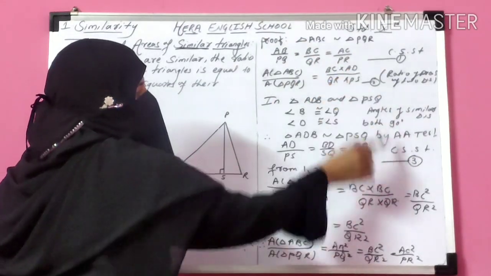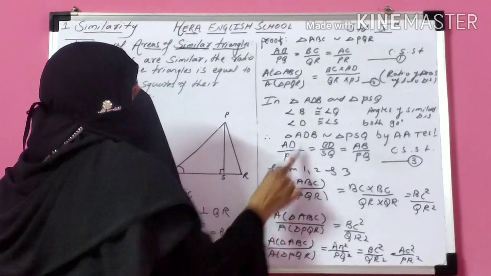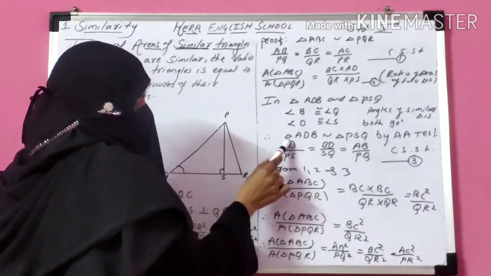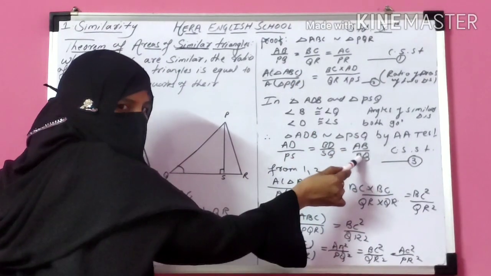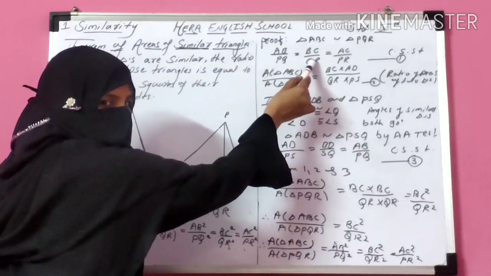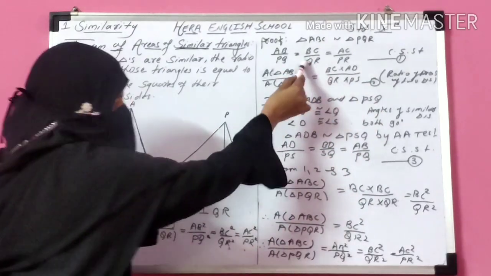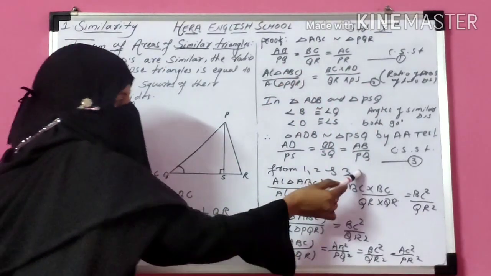So in first, second, third, observe first, second and third. You have to replace AD upon PS with BC and QR. Then see here, AD upon PS is equal to AB upon PQ, and AB upon PQ is equal to BC upon QR. So that means you can replace AD upon PS with BC upon QR. I replace it here from 1 to 3.